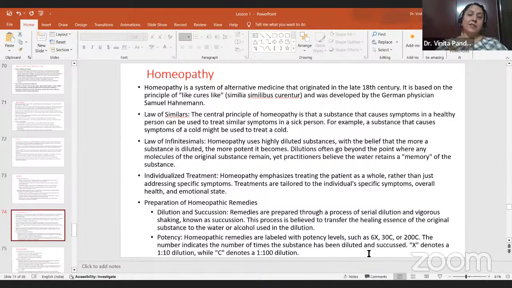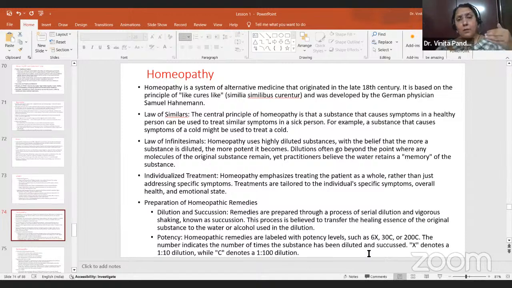Then individualized treatment also. Homeopathy emphasizes treating the patient as a whole rather than just addressing specific symptoms. Treatments are tailored to individual specific symptoms, overall health and emotional state. And then dilution and succussion: remedies are prepared through a process of serial dilution and vigorous shaking, known as succussion.